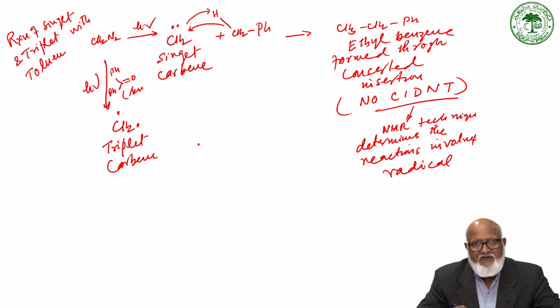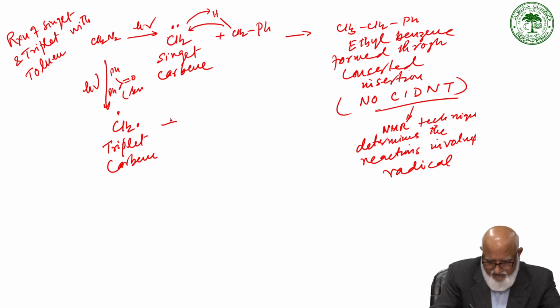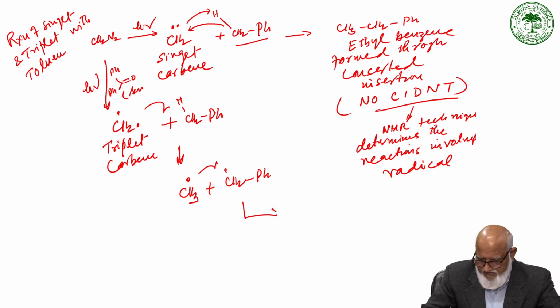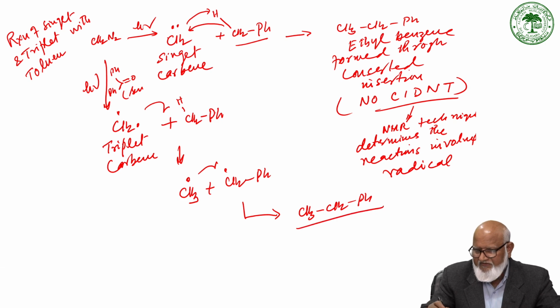This reacts with the same toluene, abstracts a hydrogen atom to give CH3 radical plus benzyl radical, and then these can combine to give CH3CH2Ph. Ethyl benzene product is the same.